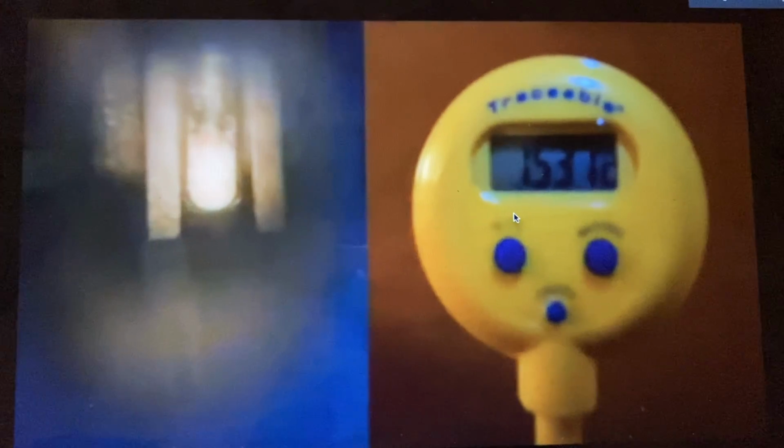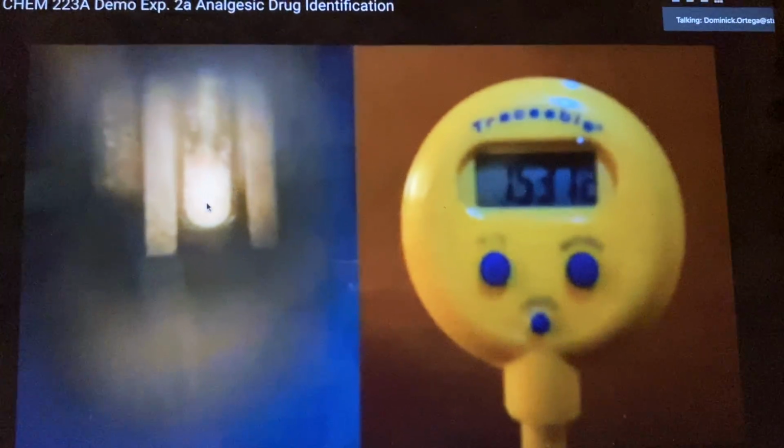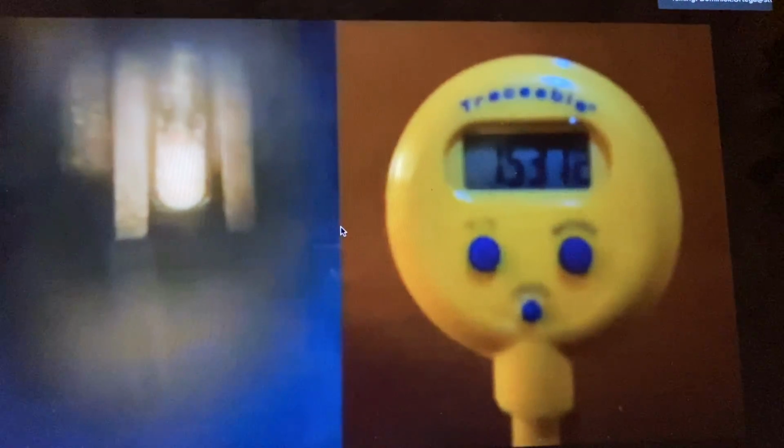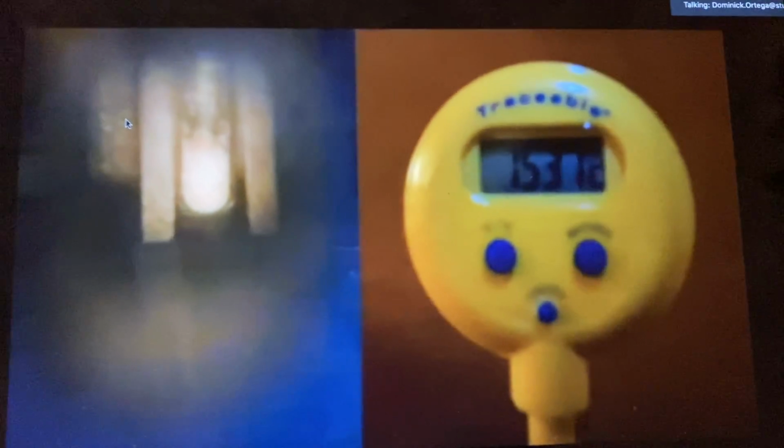You have to look at both. When you start seeing the solid liquefy, so it starts getting smaller, that's where you pay attention to the temperature. And then you also pay attention to when it's completely a liquid, and look at the temperature.